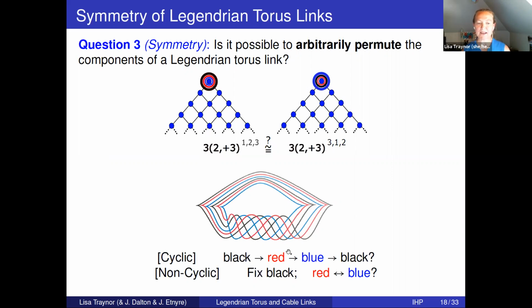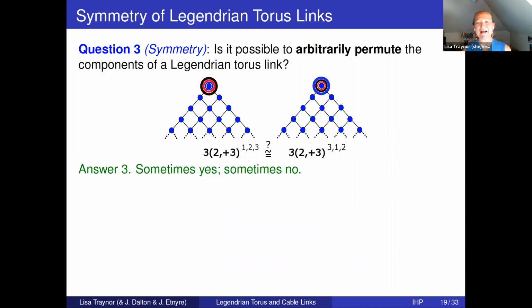Cyclic would be moving the black to the red to the blue to the black, so it's cyclically permuted. But non-cyclic, you fix one of the components and think of permuting the other 2. And sometimes you can arbitrarily permute, and sometimes you can't. That's what has been very interesting.